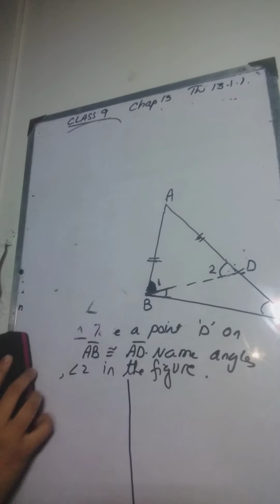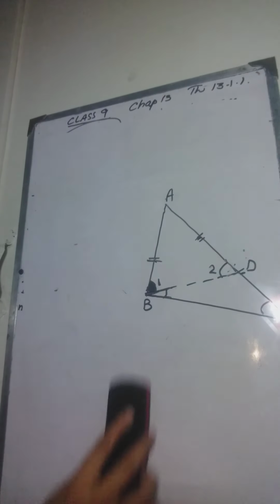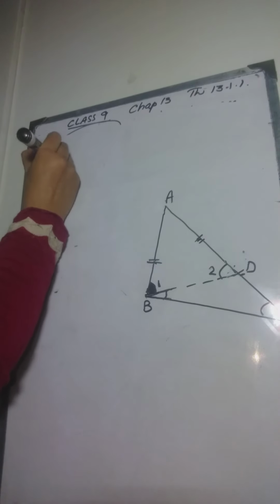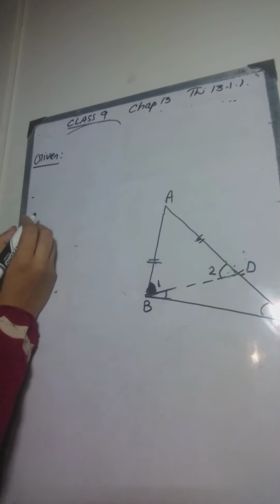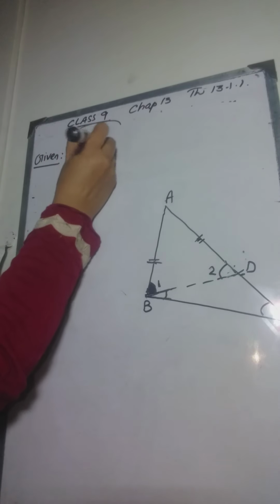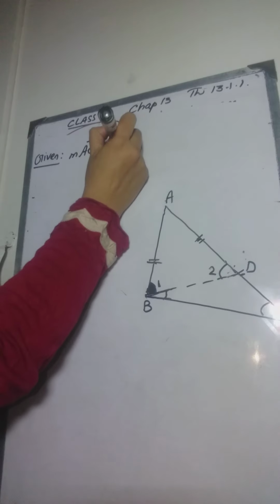Let me erase it and write. In given, the main key point that we will use is that measurement of AC is greater than measurement of AB.